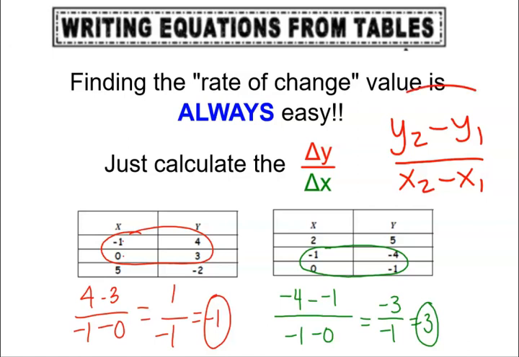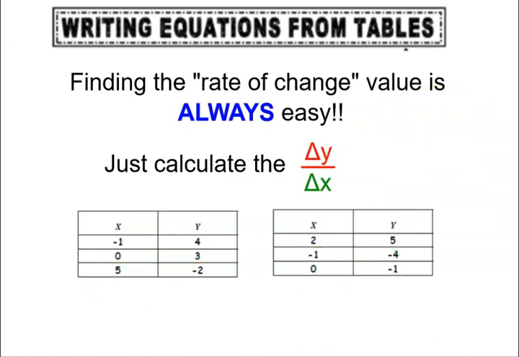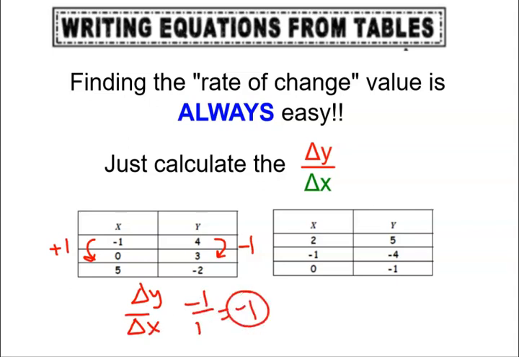Now some students choose to use this slope formula, and some students just look at the math mentally. And they say, okay, the change in my y value was down 1, the change in this x value was up 1, so the delta y over the delta x is negative 1 over 1, also known as just a negative 1. The same thing can be done over here.